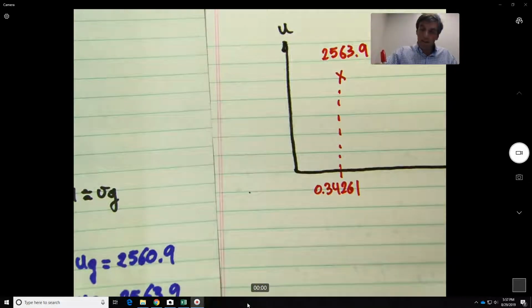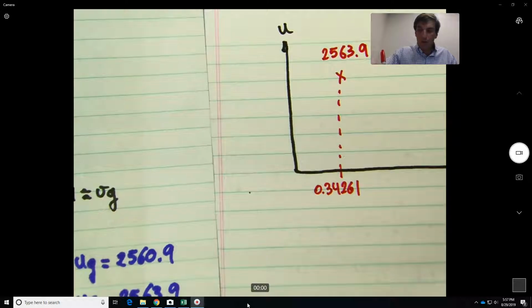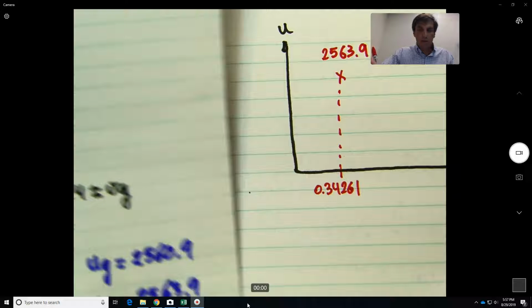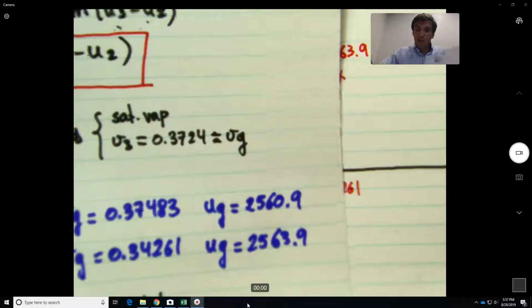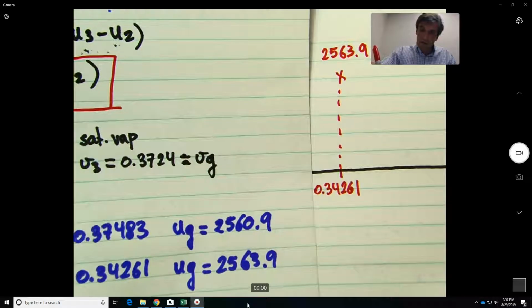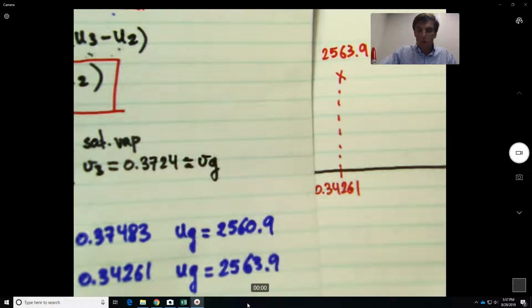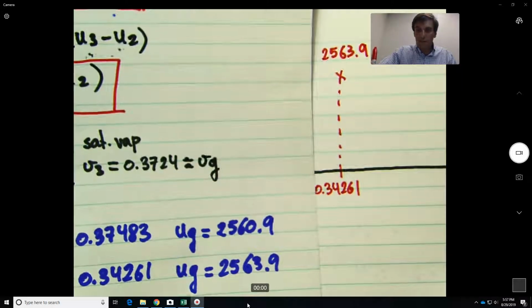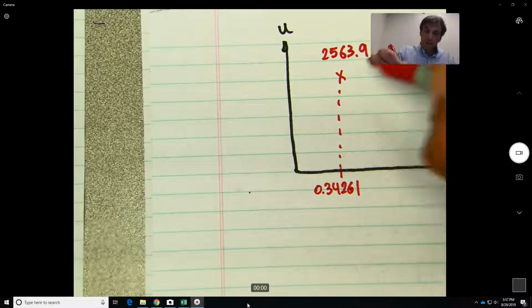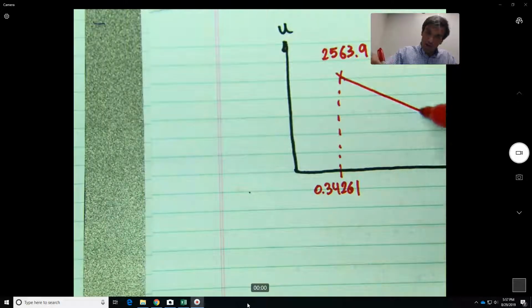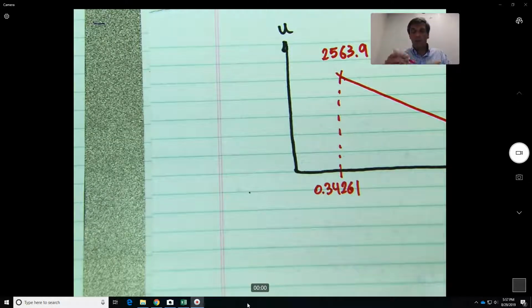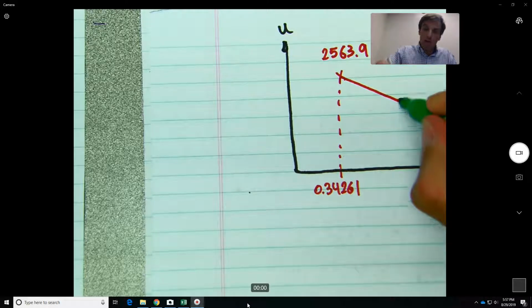Okay? And then at 0.37483, the value of the energy is what? 2,560.9. So basically, the interpolation, we go down, and what we're trying to find is the value at which value here?